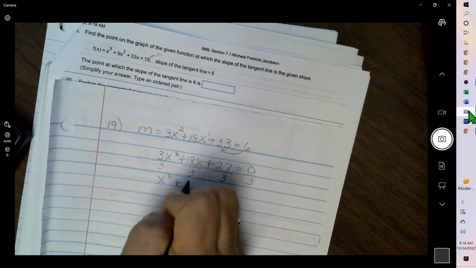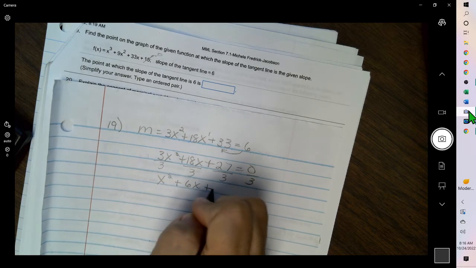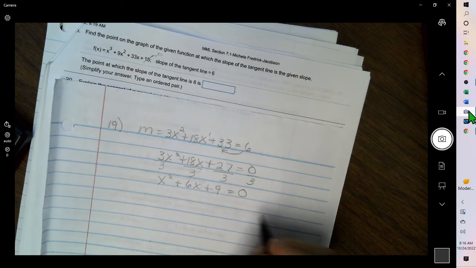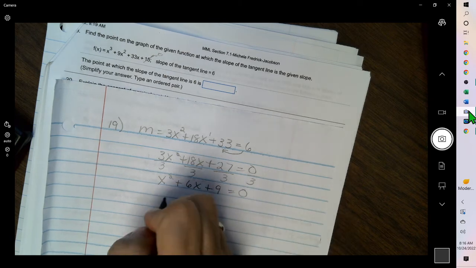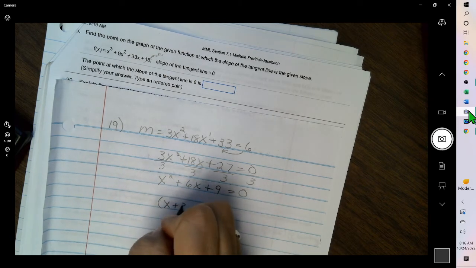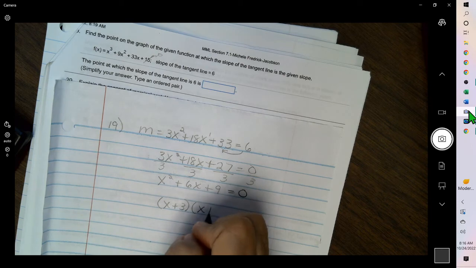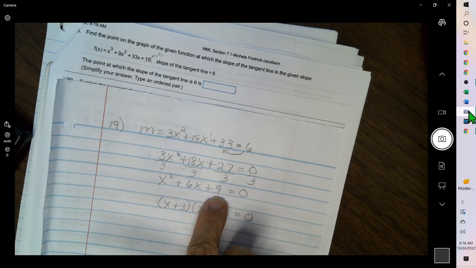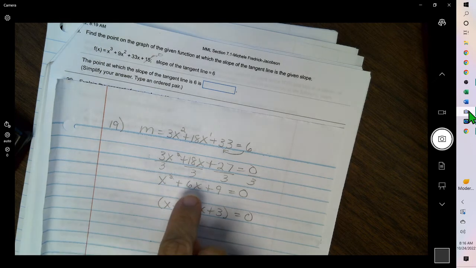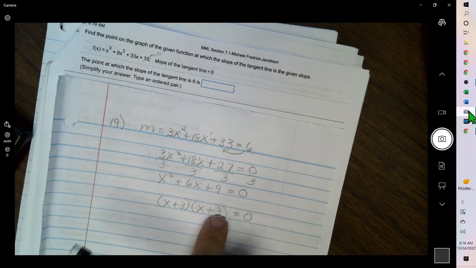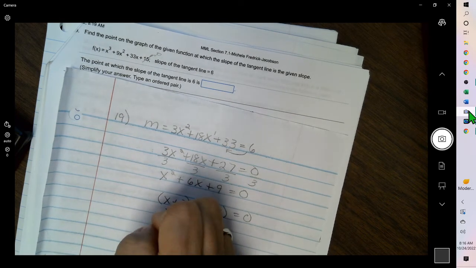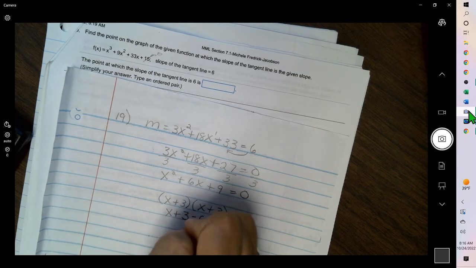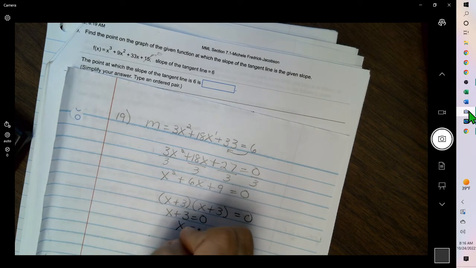So to make my numbers smaller, and it is factorable, two numbers when I multiply I get 9, that when I add I get 6, or 3 and 3. Since they're both the same, it's a double root. You only need to solve for the 1.